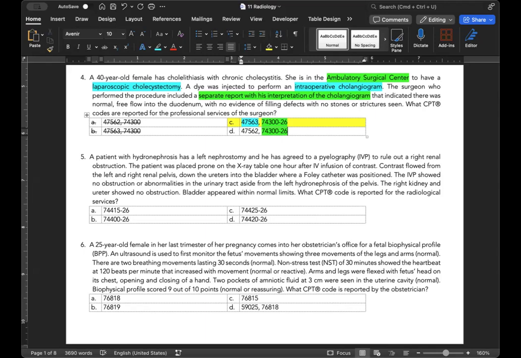And then 74420 is a urography retrograde with or without KUB.